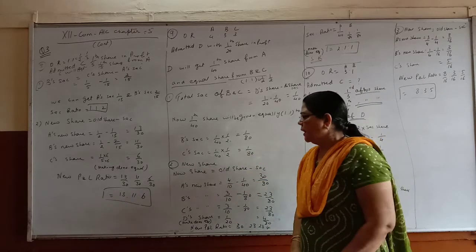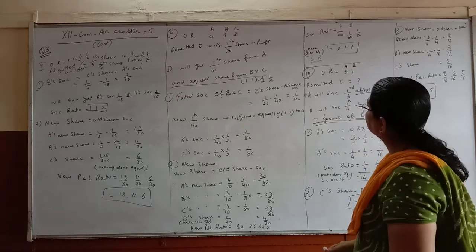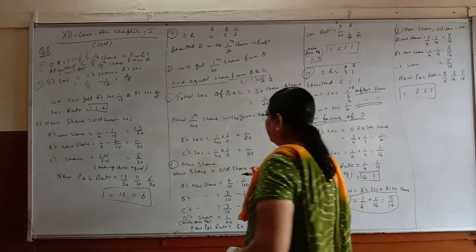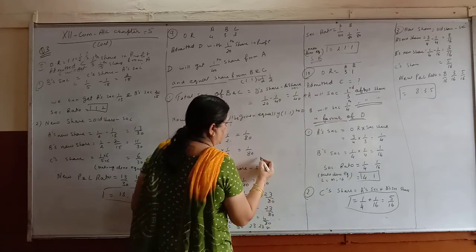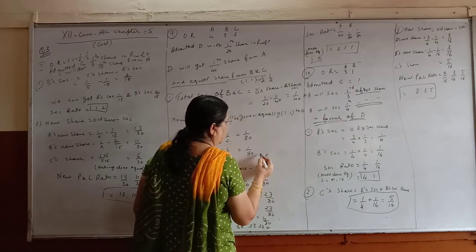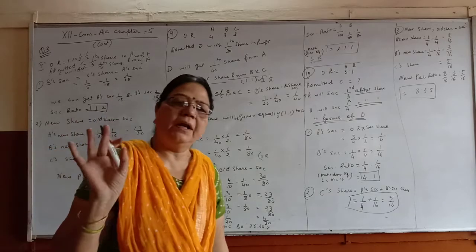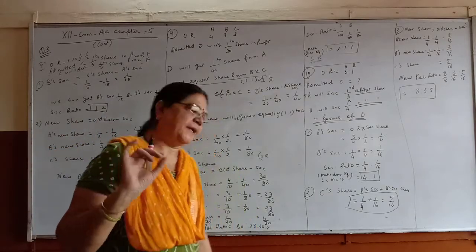Now the next, here also children, we can write the sacrifice ratio orally. How will we be able to write the sacrifice ratio here? When you find out the sacrifice, there only we will write the sacrifice ratio.